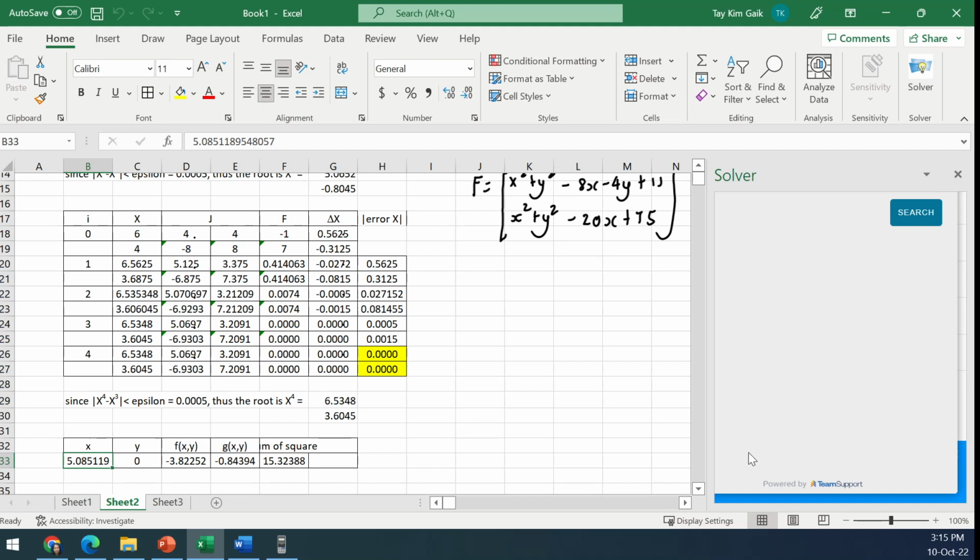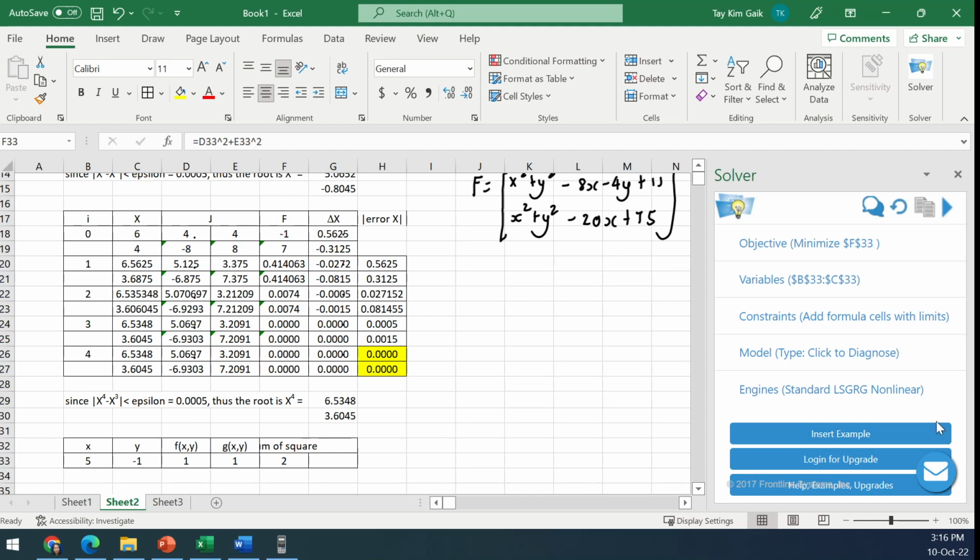Okay, hold on, let me check. Why not that? Okay, we check back. Objective: minimize F33 by varying B33 to C33.